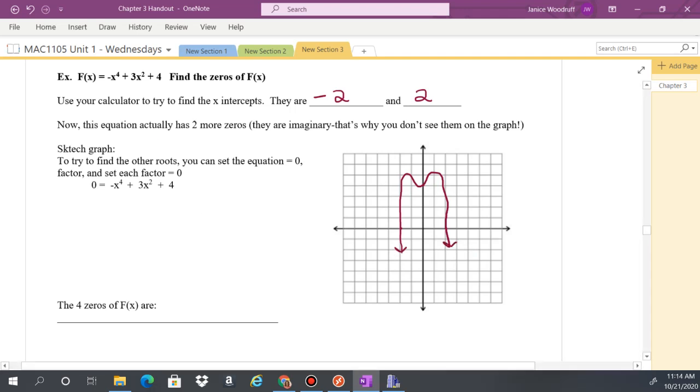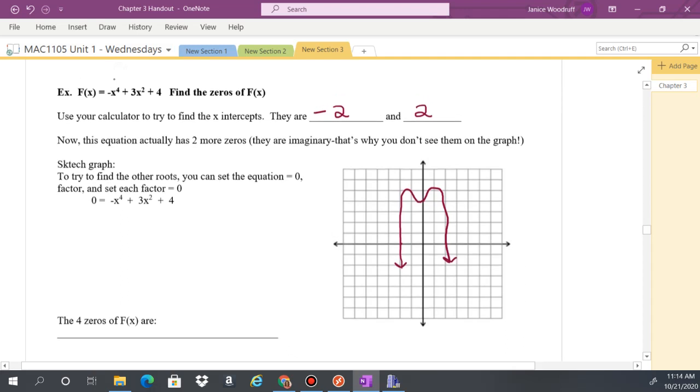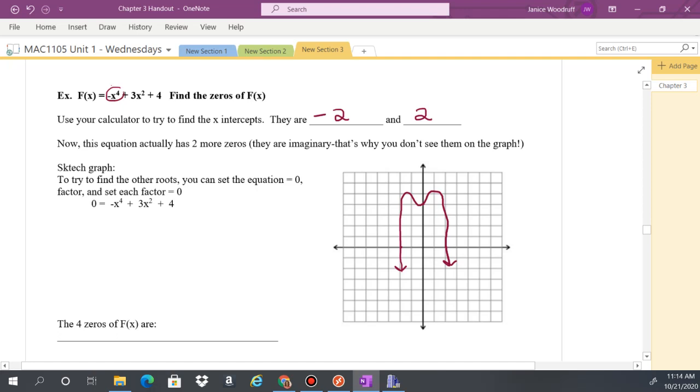All right, sketching the graph. There are 2 more zeros in the function. How do I know that? Anybody know how I know that? Those are your 2 zeros. Where are the other 2 zeros? We've got to find them. But how do I know that there's 2 more? Look at what I circled.